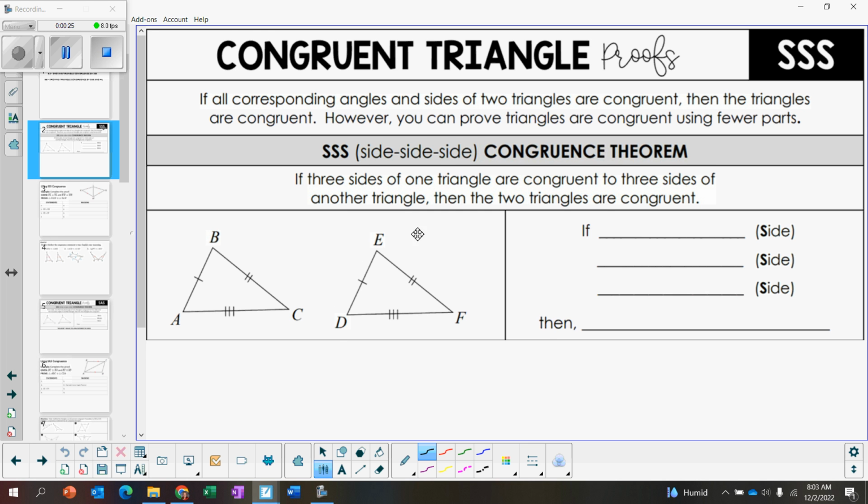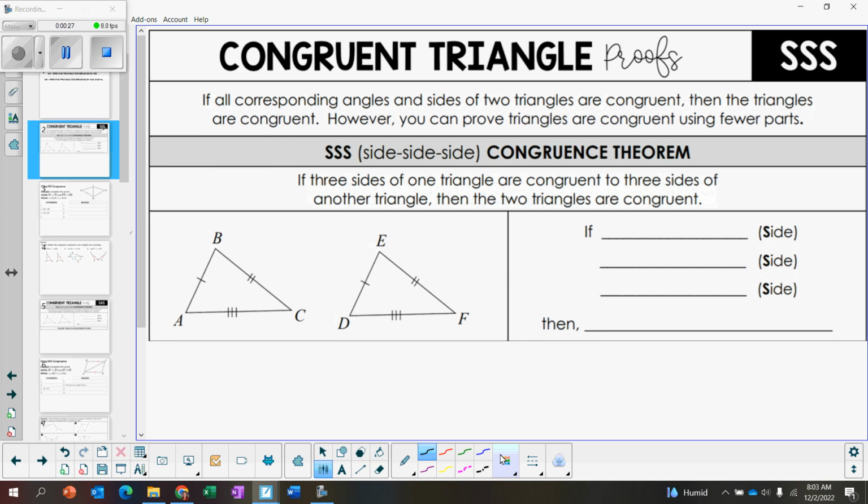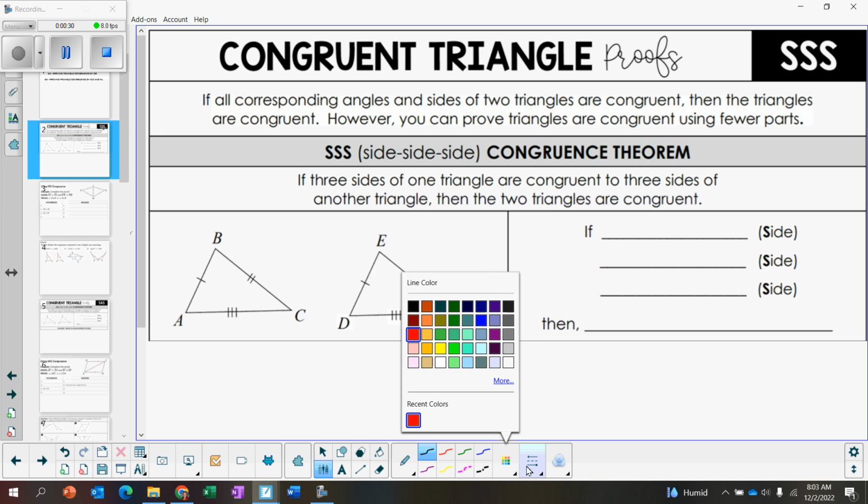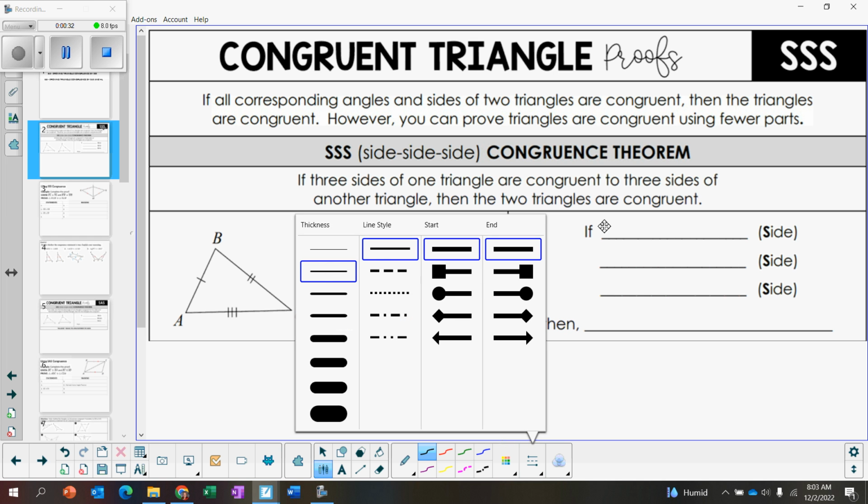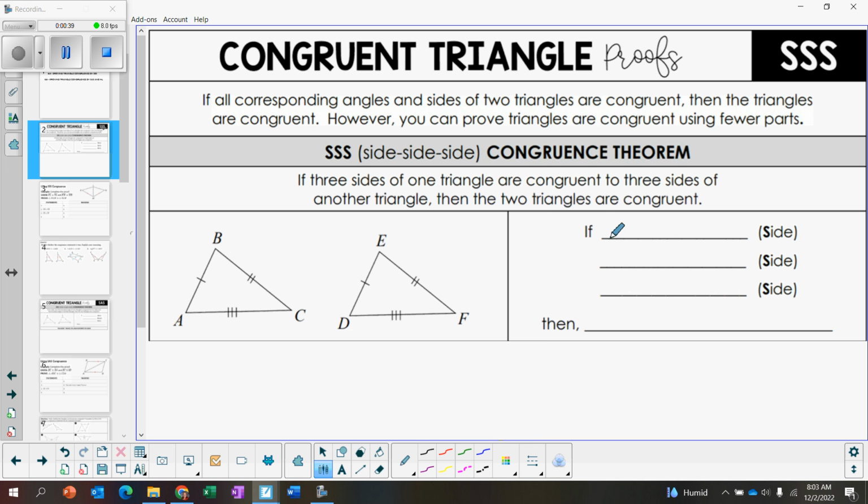So in our picture, we said AB. If AB is congruent to DE, and BC is congruent to EF, and AC is congruent to DF, that means the triangles are congruent.